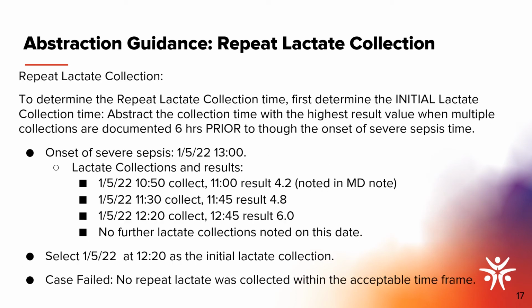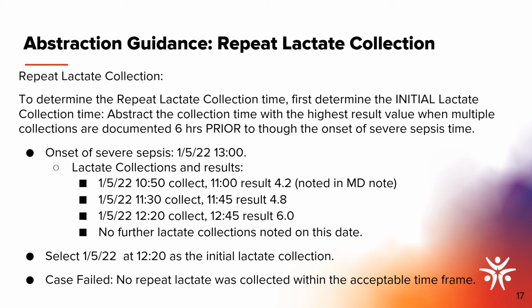To determine the repeat lactate collection time, we first need to determine the initial lactate collection time. In this scenario, onset of severe sepsis was at 1300. The lactate collections and results are as follows. At 10:50, a lactate was collected with a result of 4.2 at 11 o'clock.